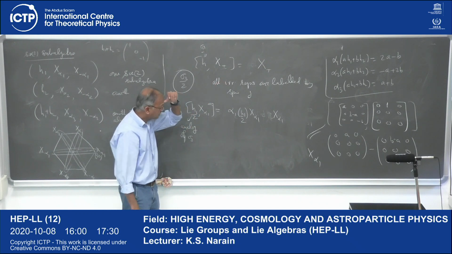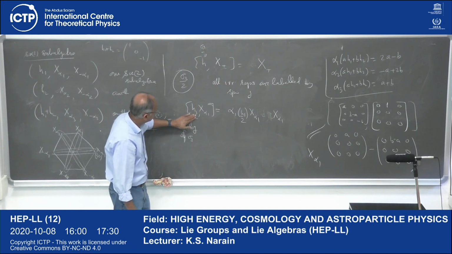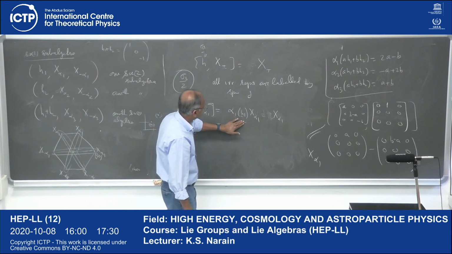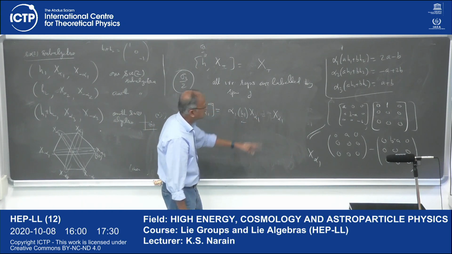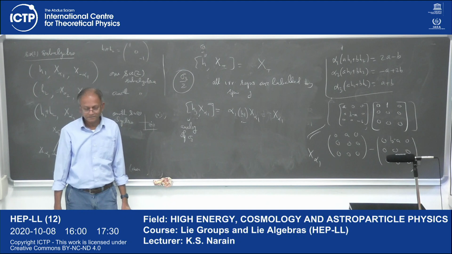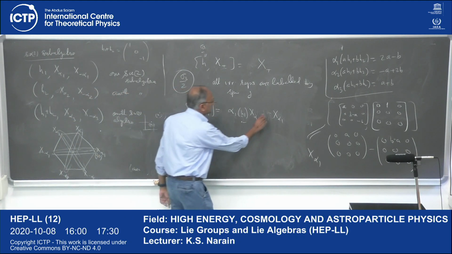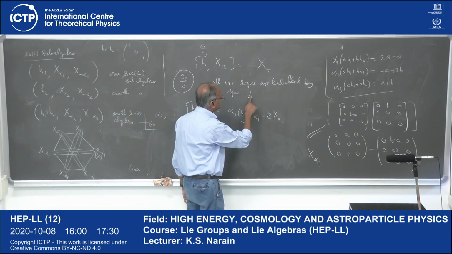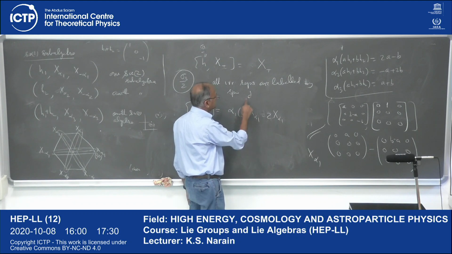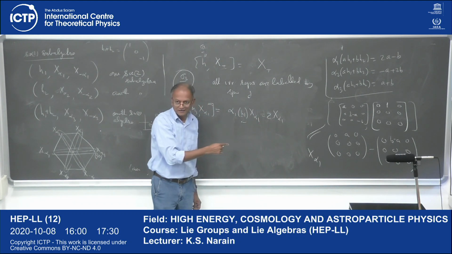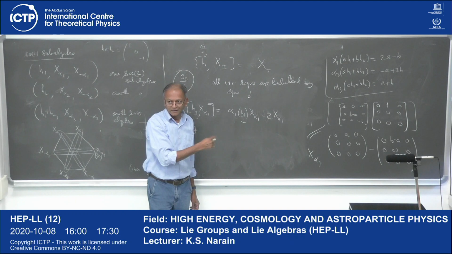Okay. So the upshot is that in this normalization that we are using, these quantum numbers are always going to be integers. Even for spin half representations, this will be 2 times half, so integer. Okay.